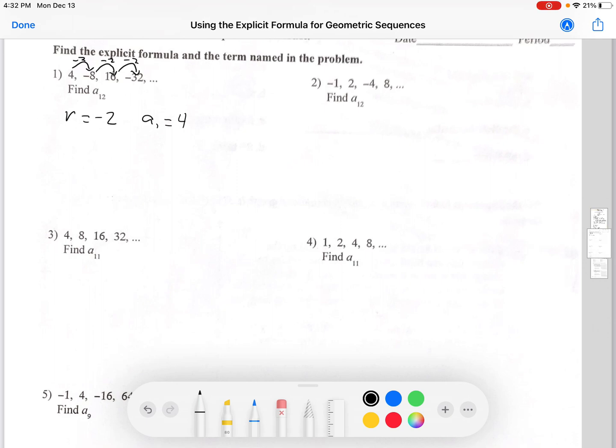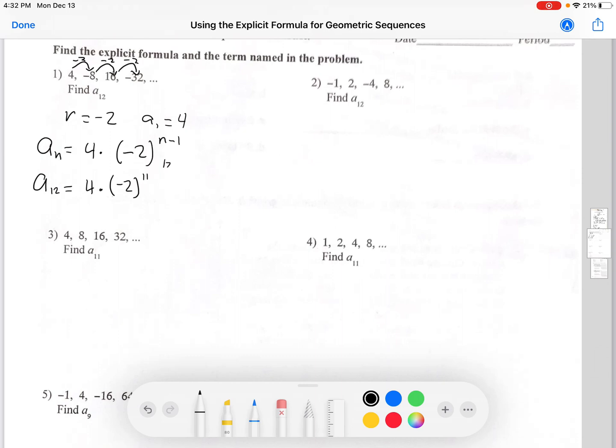So then our formula is going to be a sub n is equal to 4 times, parentheses, -2 to the n minus 1 power. And it wants us to find term 12, so that'll be a12 is equal to 4 times -2 to the 11th power. I went ahead and did some mental math.